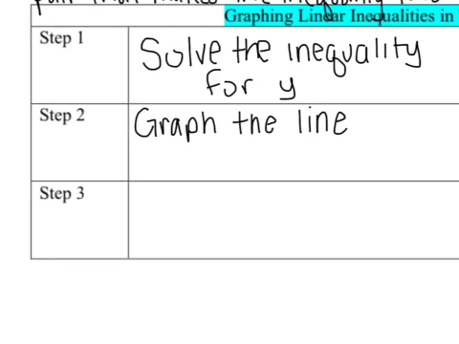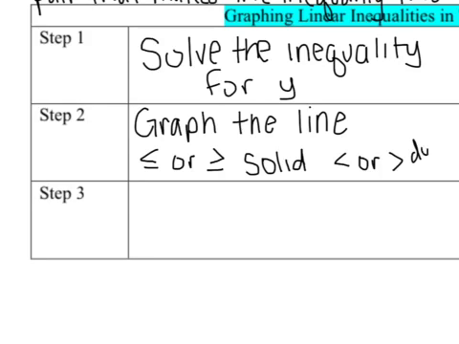When you are graphing that line though, if you have a less than or equal to or greater than or equal to, you will put a solid line. If you have a less than or a greater than, you will have a dotted line. That is the only difference when you're graphing inequalities, when you are putting that line on the graph.